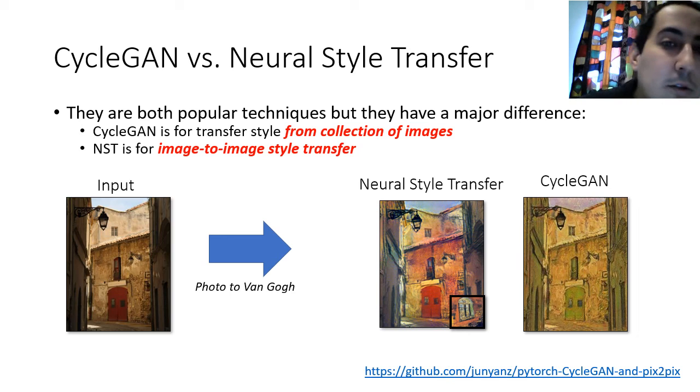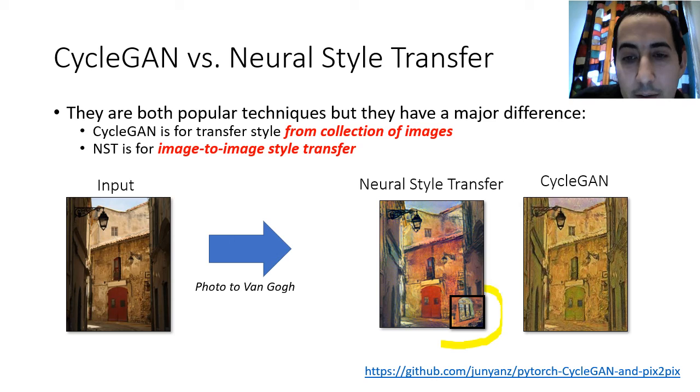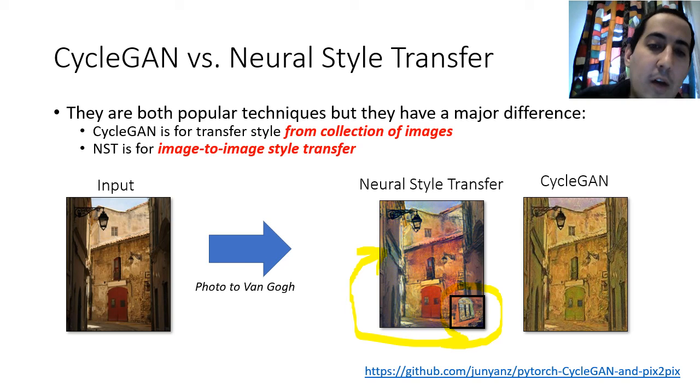In other words, NST is looking at one Van Gogh image and then producing the output. Whereas CycleGAN is looking at entire Van Gogh artworks to extract his style. As you see here, both give impressive results, but with different approaches.